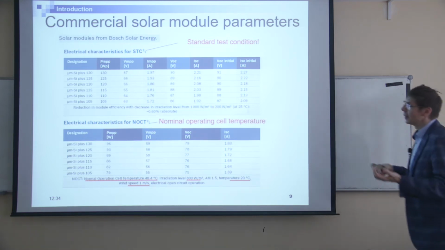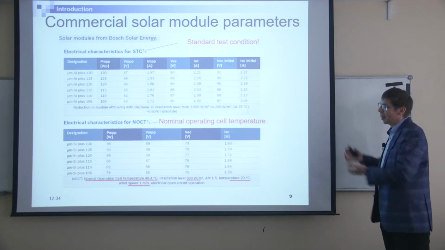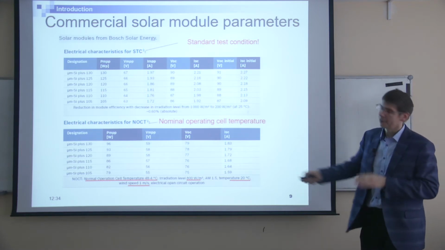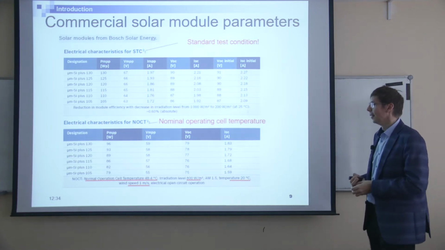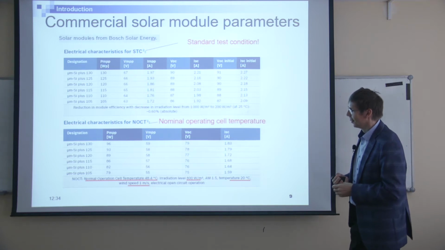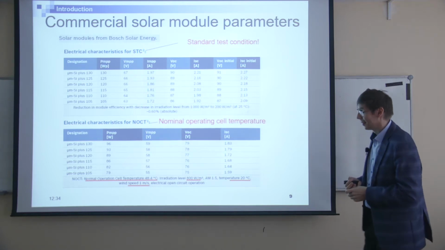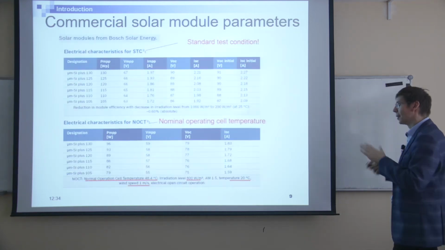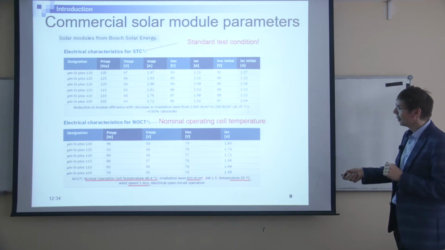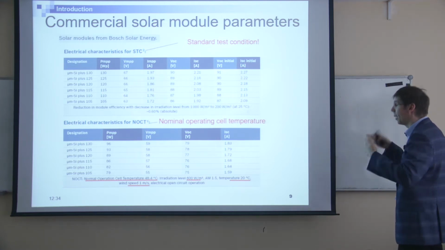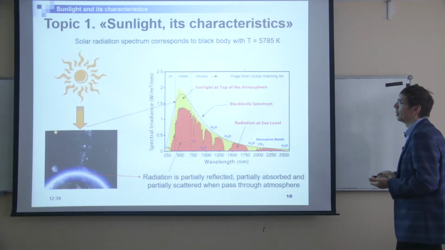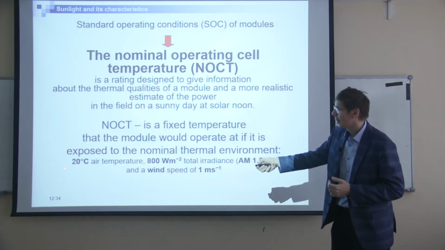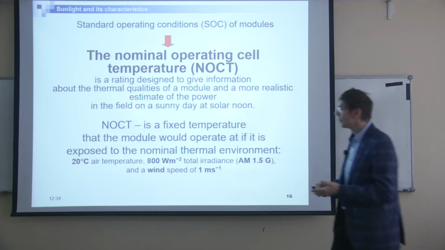So actually, it means that the temperature of the solar cells is here, 48 degrees, 0.4, when the module is placed in the standard condition, which means that the temperature of the air is 20 degrees.